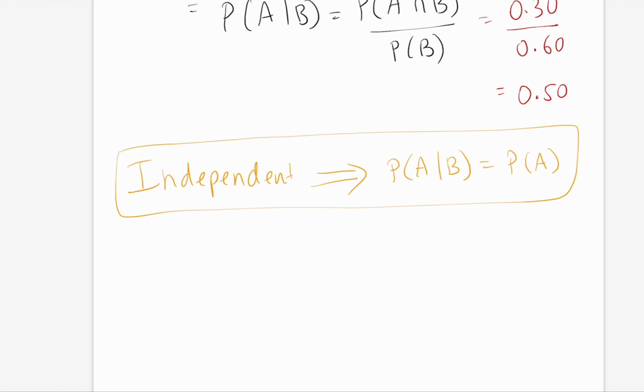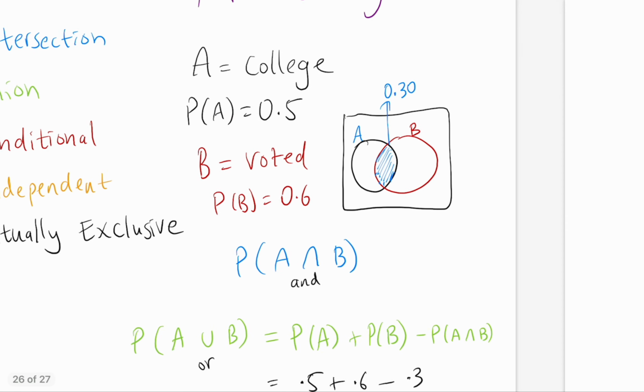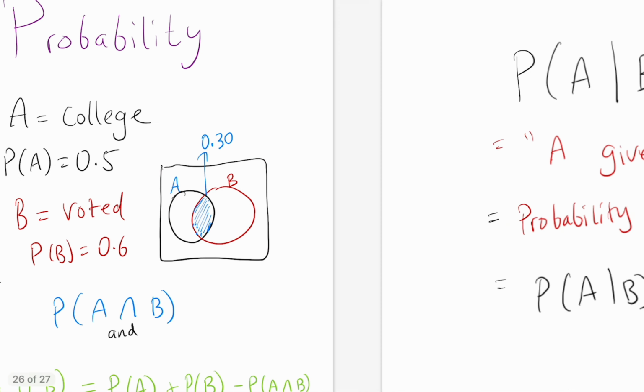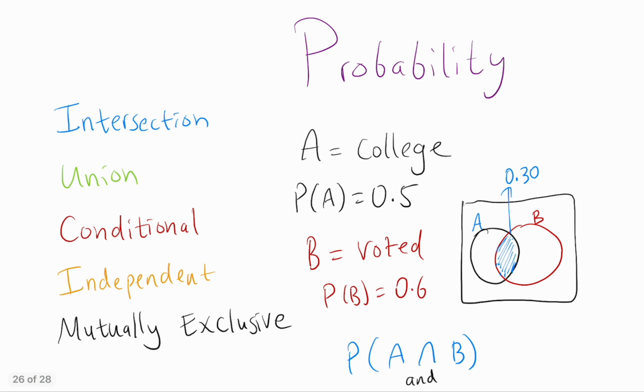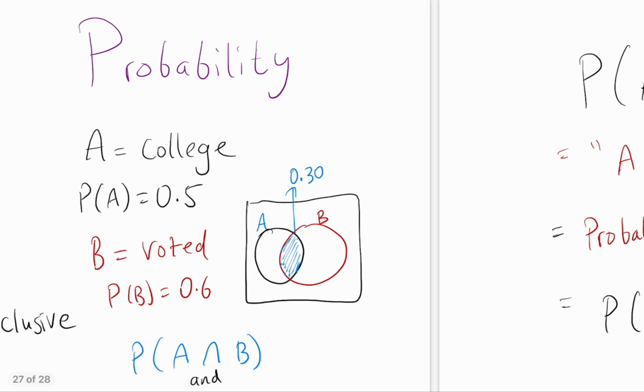Now, in this example, what if I just changed this overlap? Let's say we did a different problem where the overlap was slightly bigger. What if I kept everything the same about this? This is still 50%. This is still 60%. But what if in the beginning I just said this is 40%? That's totally plausible. You could imagine that having been the case.